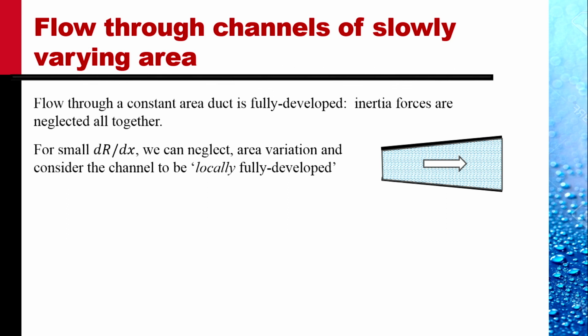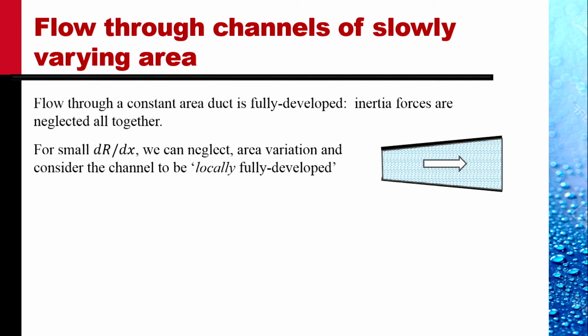Now, if the pipe walls are diverging slowly, the radius changing with x very slowly, then can we approximate this as a locally fully developed flow?